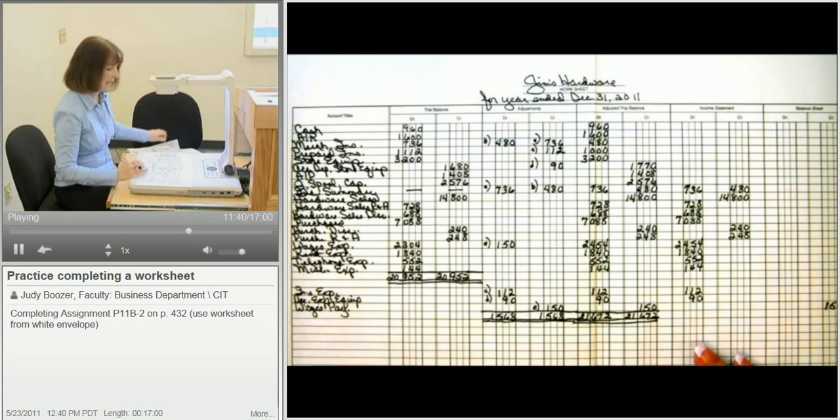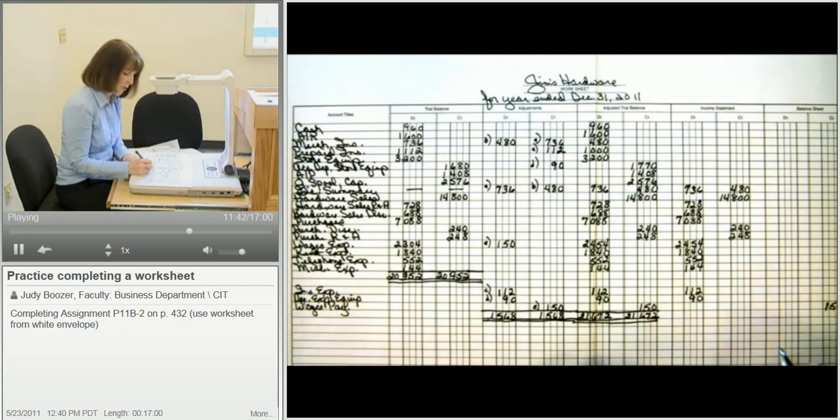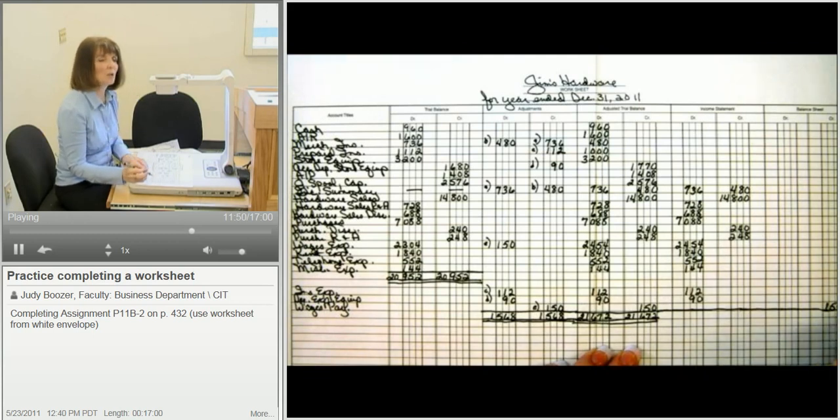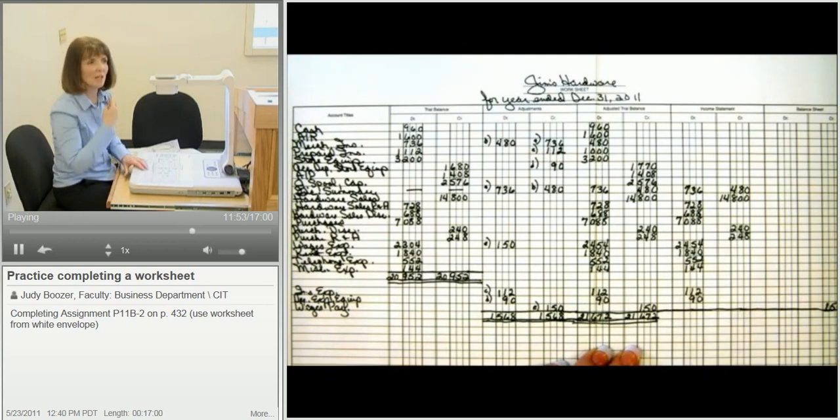Now to keep it nice and neat, if you just keep your lines on the same row, then everything will come out correctly when you're trying to add your net income or loss.